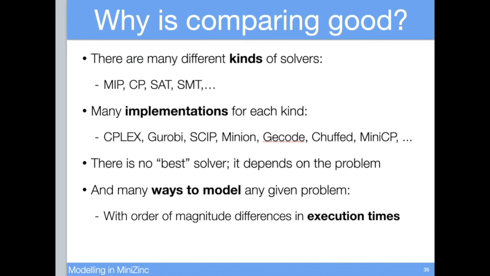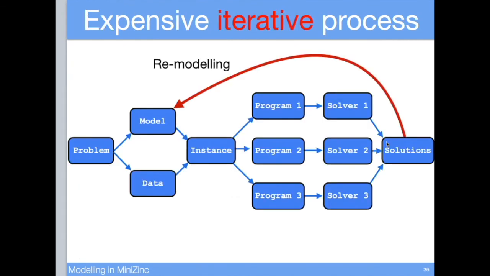So that's why being able to try different solvers is important, because in the real world, modeling is an iterative process. You'll build a model, it'll be wrong, or it'll be too simple, or it will make some assumptions. We'll look at the solutions and we'll come back and want to remodel.